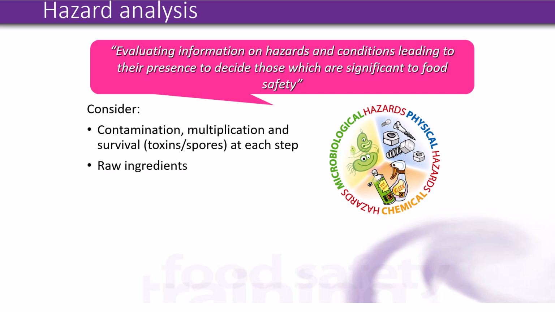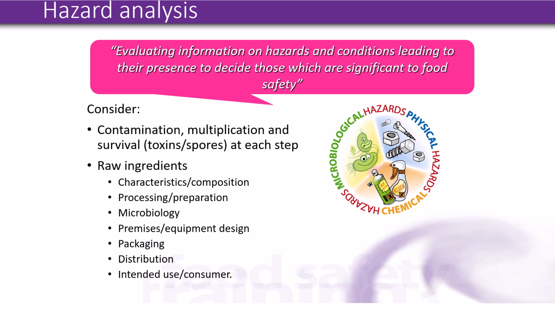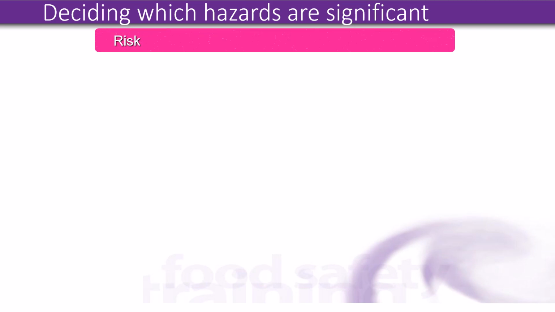You need to look at the raw ingredients, the characteristics and composition of the raw ingredients, the processing and preparation, the microbiology, premises, equipment design, packaging, distribution, and intended use of the consumer. So deciding which hazards are significant.